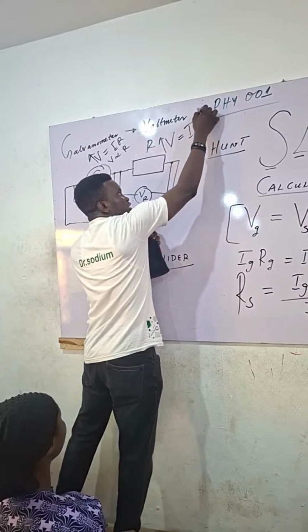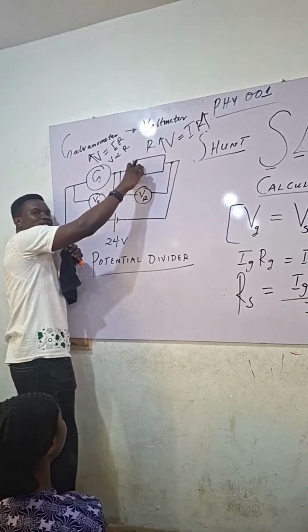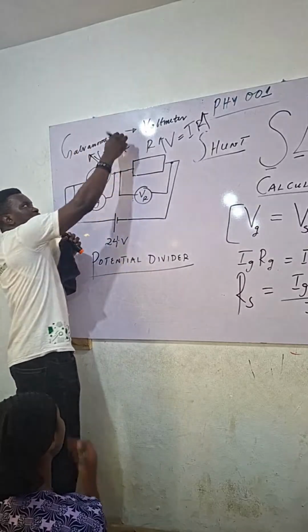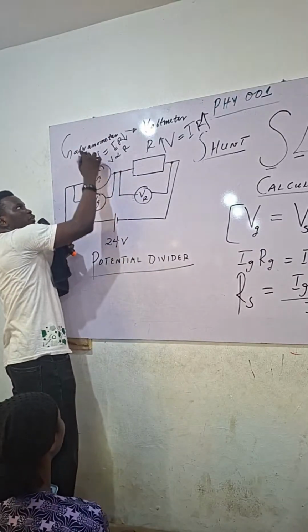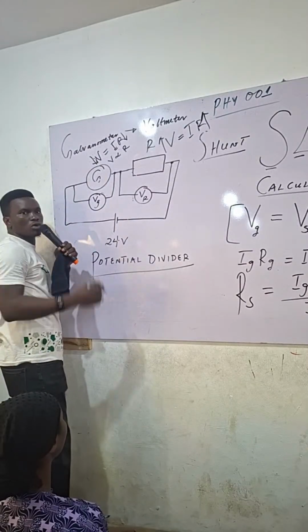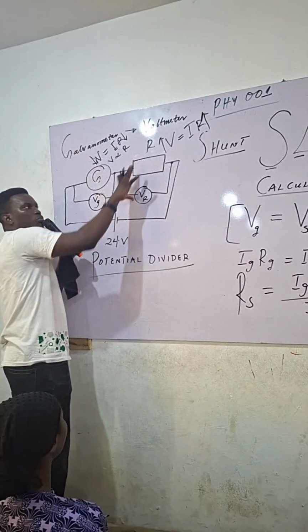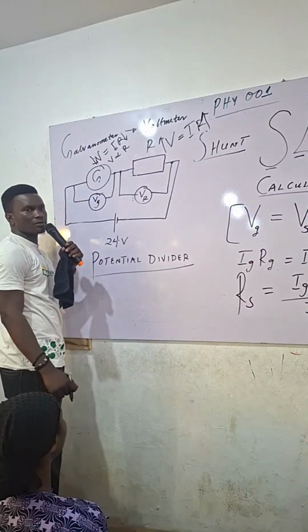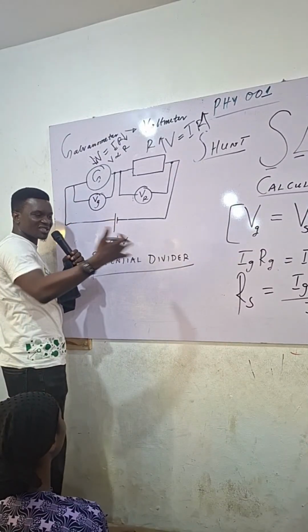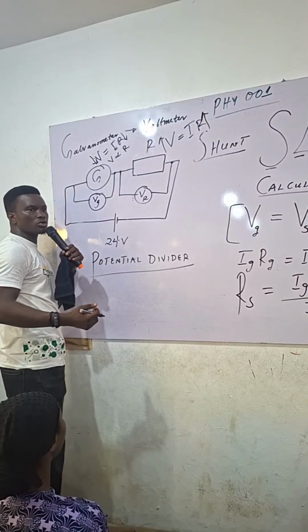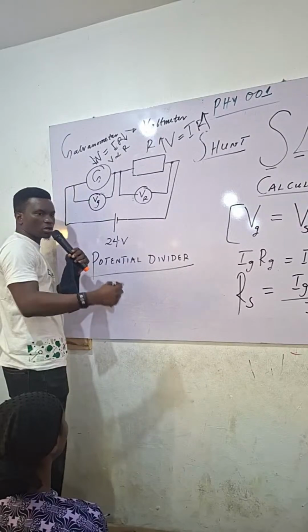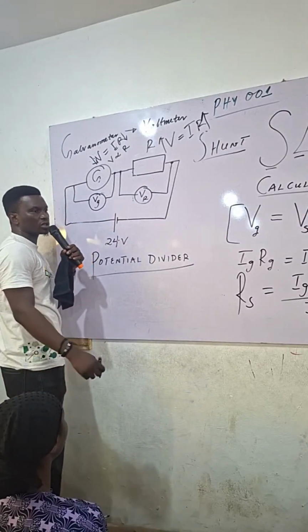I need to increase R. So if I increase R, the potential here will be more. For this one now, if it has a low R, then the potential here will be less. So the higher the R, the more the potential drop, the more the work you have to do across it, because it's resisting the flow of electrons. So when you increase that resistance, then you have to do extra work to push those electrons forward.